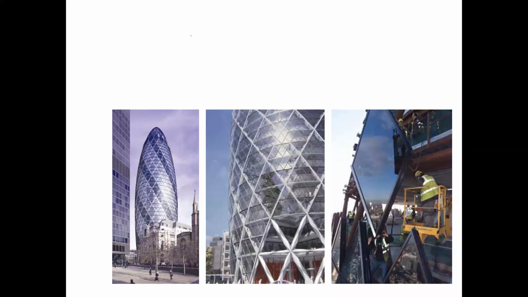But this idea of taking triangles, what Foster and Partners figured out, and I think it's a really smart way, is that if they can find different ways to do the triangulation, but with diamonds or quad shapes, then they've managed to approximate the same shape with half the number of components.